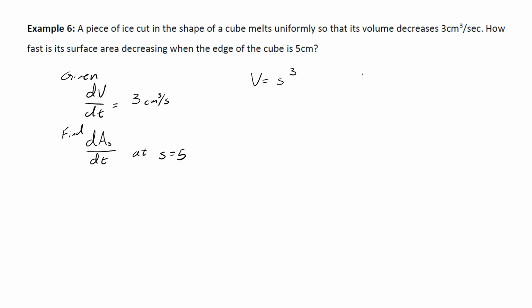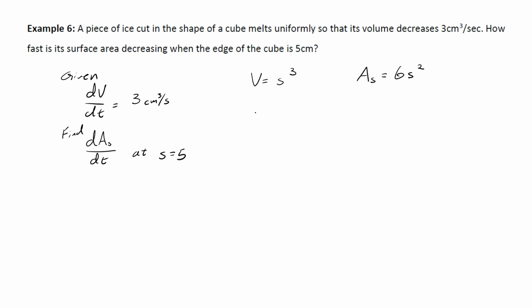And I know the surface area, A_s, is equal to 6 times the side squared, because there's 6 sides with an area of side squared. And you have some options here. You could choose to solve for s, so s is equal to the cube root of V, and substitute in for the surface area formula, but that sounds awful. I don't want to do that at all.